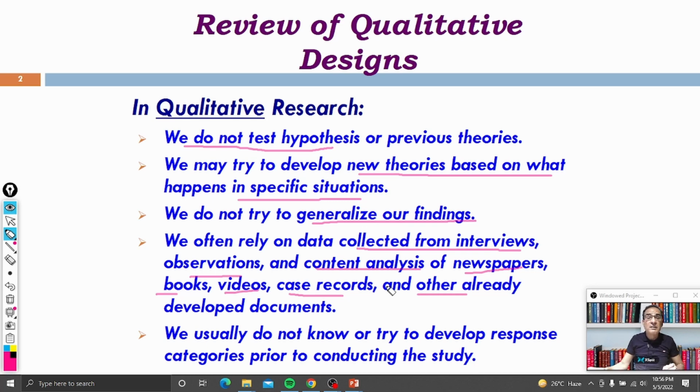In qualitative design, we usually do not know or try to develop a response category prior to conducting the study. So, this is the brief review of qualitative research design.